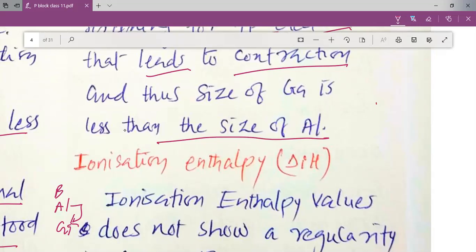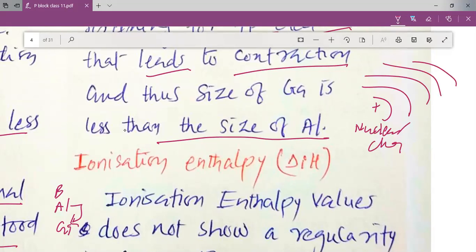So my dear students, the effective nuclear charge on the fourth shell, which is there on 4p, when the 1 electron goes into 4p, this nuclear charge attracts this 4p very strongly. And that is what caused the contraction.